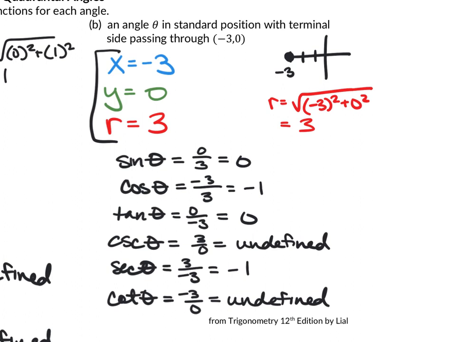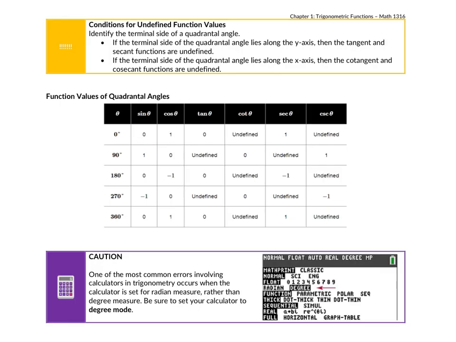So the last page here is just a little bit more information to summarize what we've learned today into a table. You don't have to memorize this table, but if you think really well by seeing things in tables, it might be helpful for you. In our conditions for undefined values, since we noticed that there were only some types of functions that could get undefined, we can identify the terminal sides. If we can identify the terminal side of the quadrantal angle and what quadrant it's in, then we would know which ones are undefined.